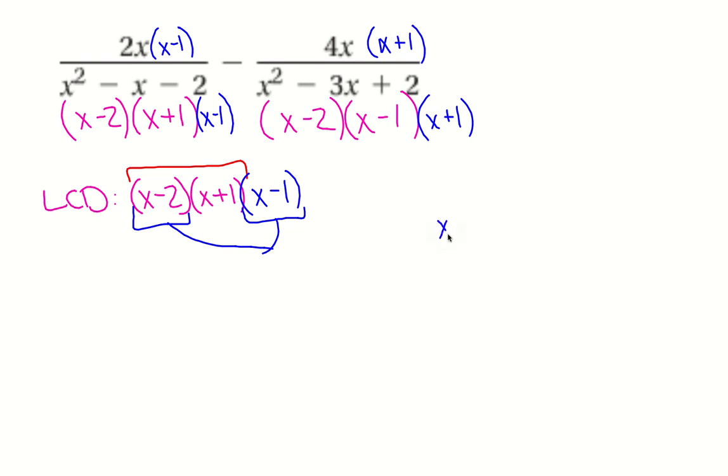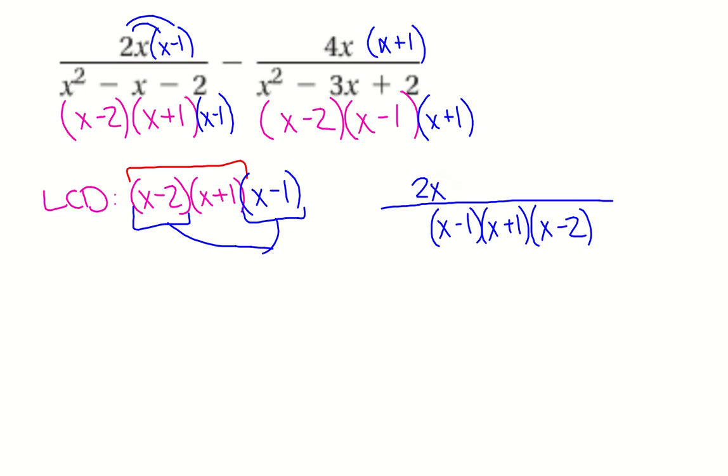At this point, I'll have x minus 1, x plus 1, and x minus 2 in the denominator. It does not matter the order that you want to write those factors since multiplication is commutative. And then let's go ahead and distribute and simplify across the top. From the first term, I would have 2x squared minus 2x.